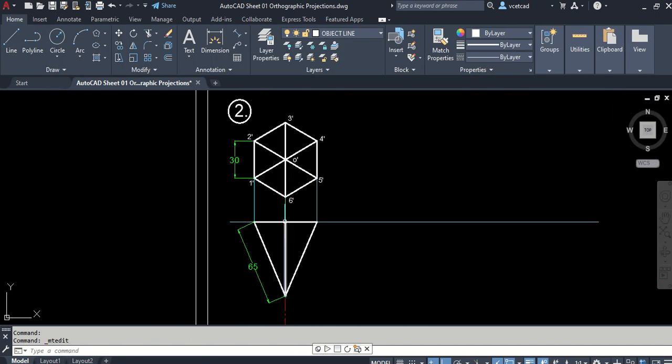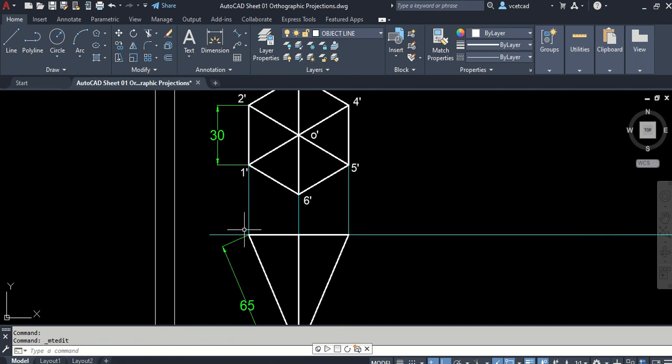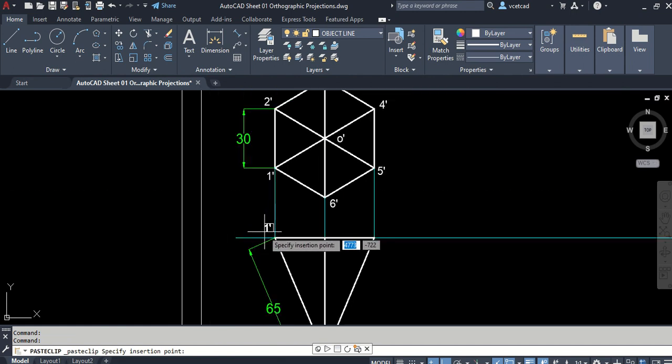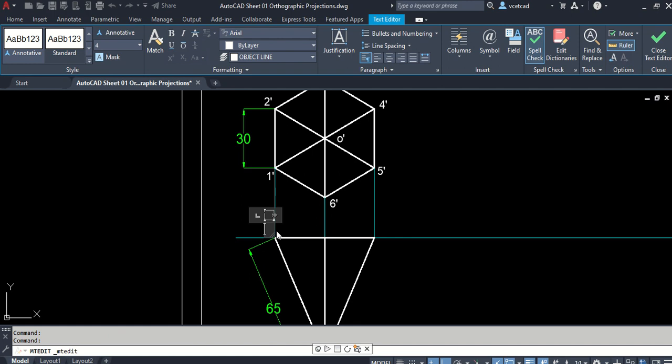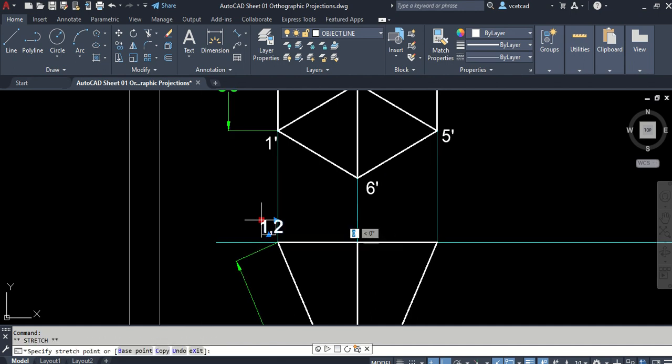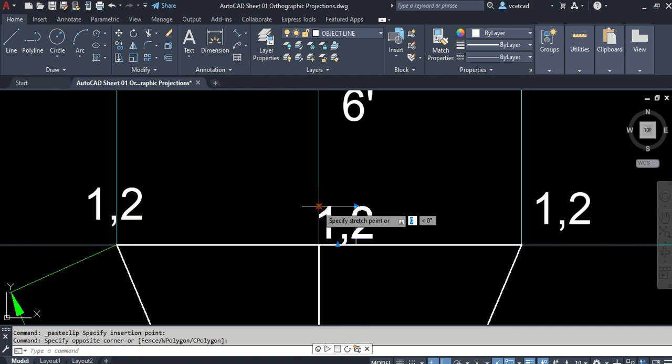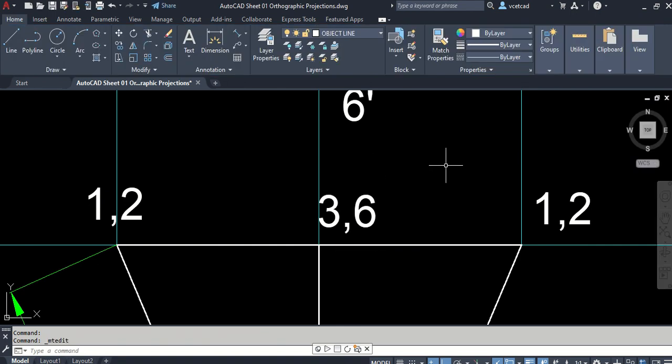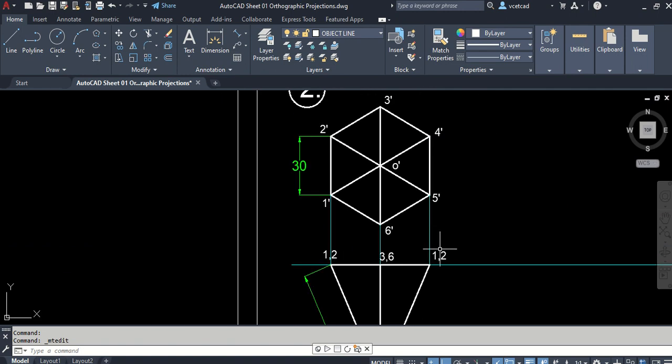Now I will transfer those points to the top view. Here you will get points 1 and 2, and here you will get points 3, 6 and 4, 5. So this is point 1, 2, this will be my point 3, 6, and this will be my point 4, 5.